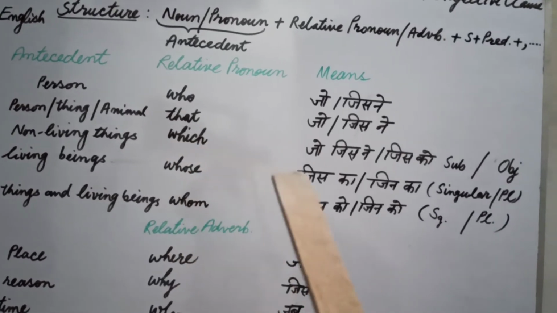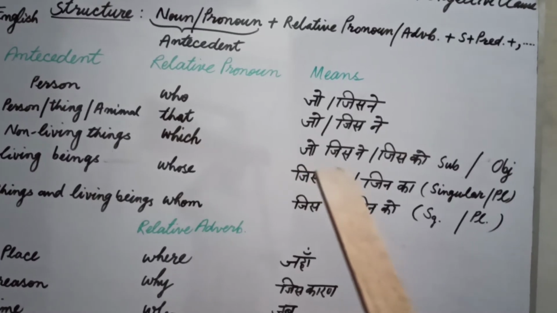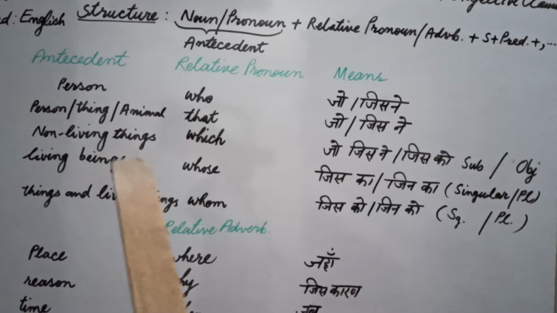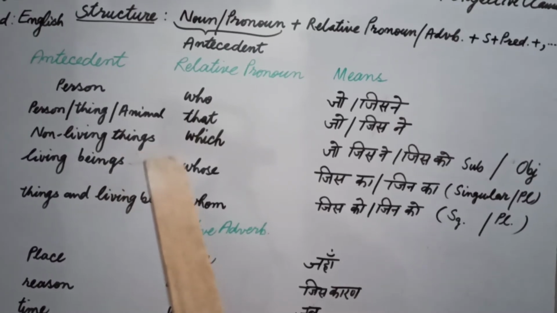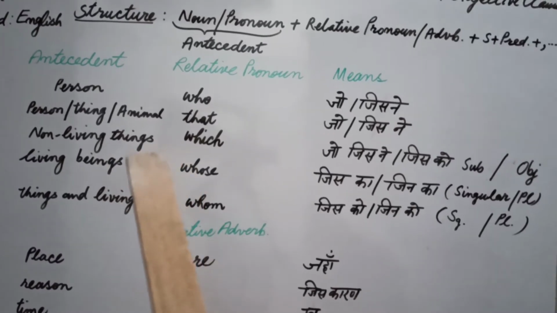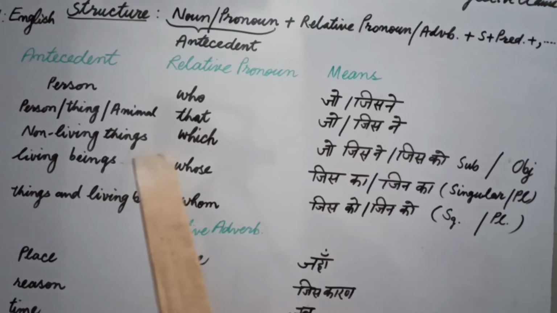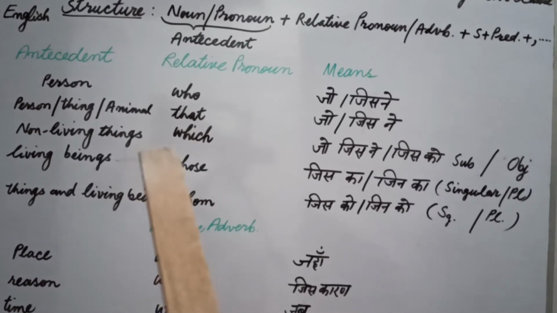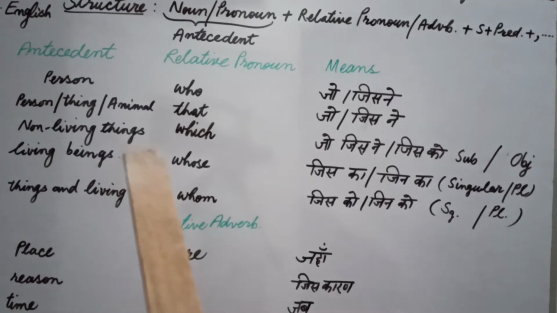This which also gives the sense of the Hindi word jo, but it is better to use it for non-living things, and you can also use this for animals of which gender is difficult to identify.